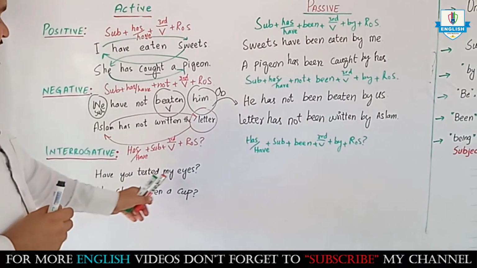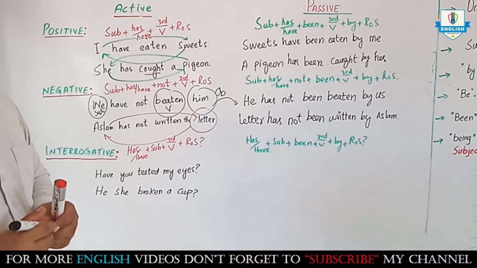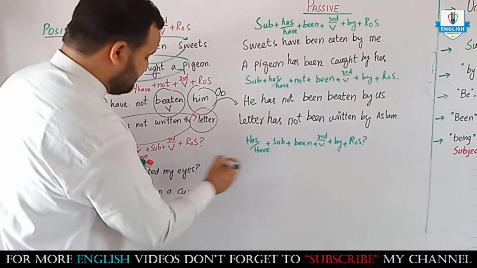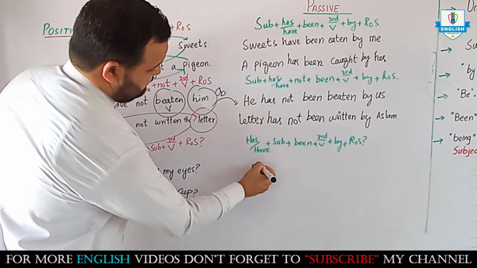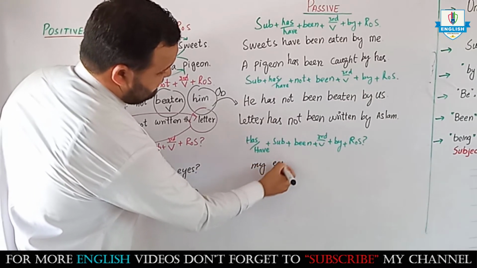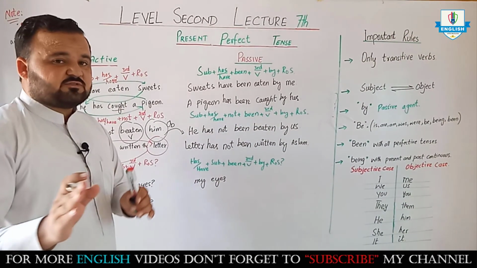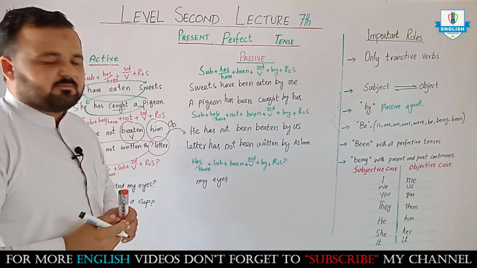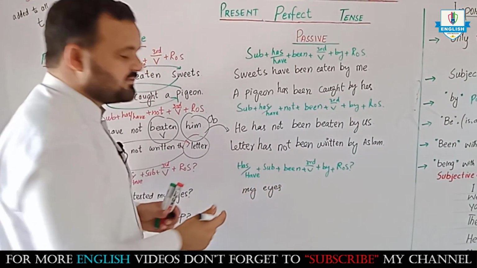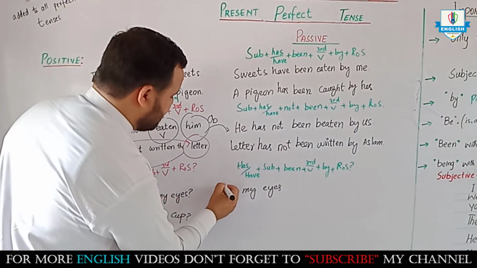Have you tested my eyes? Got it? My eyes. Interrogative sentence should start from helping verb. My eyes. Eyes are plural. We will use have.